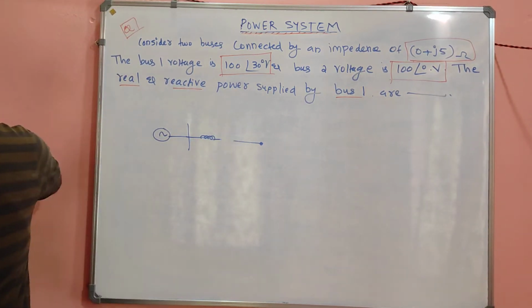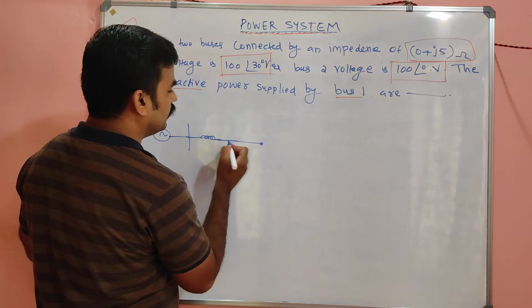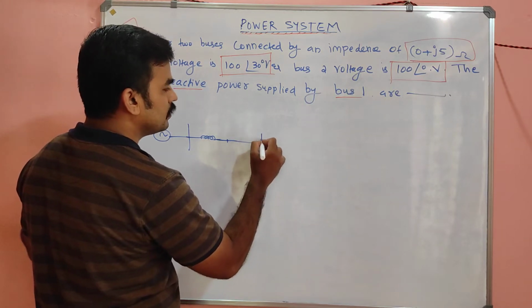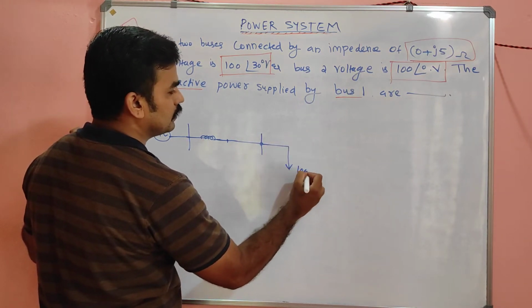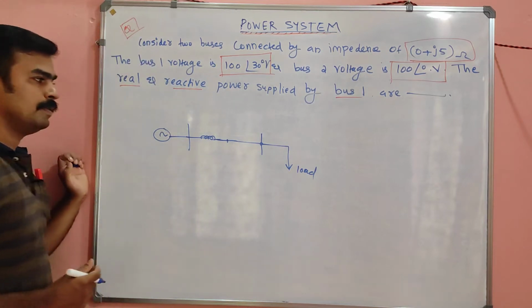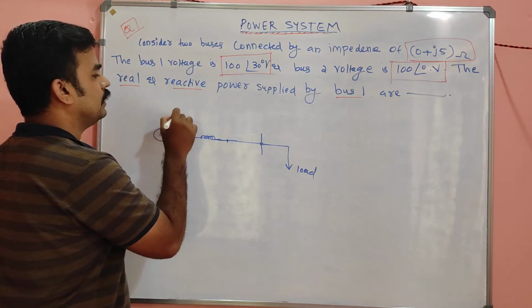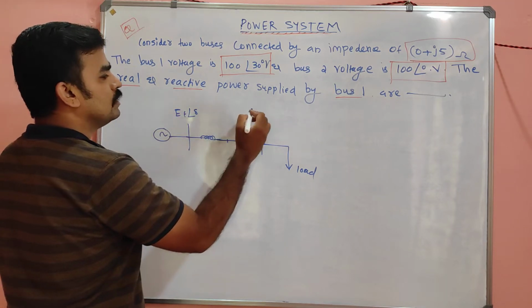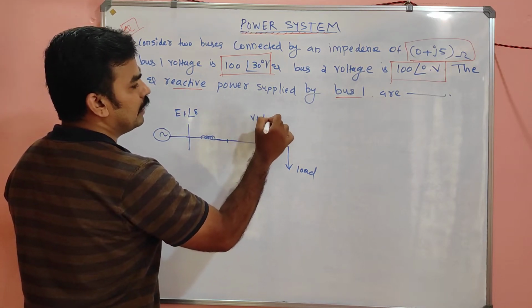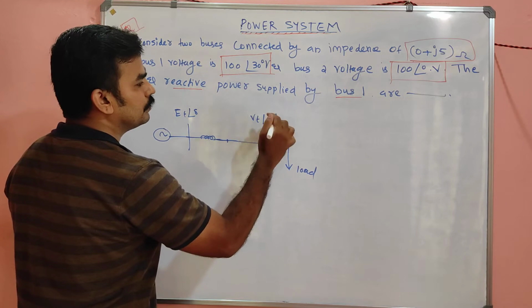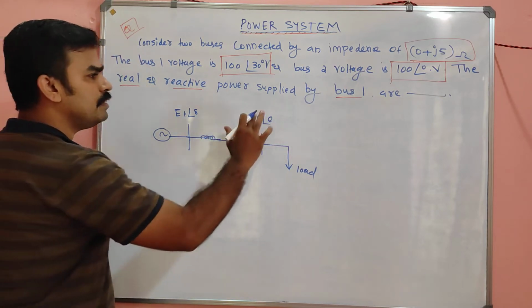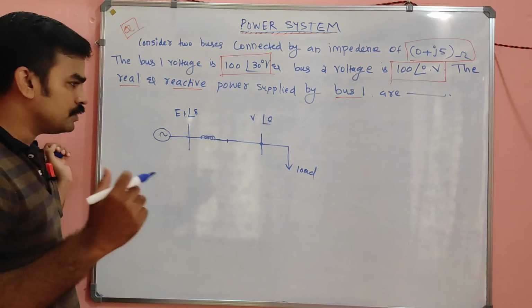So in this way directly you can write one bus and another bus. This is nothing but the load side. I will take it like E angle delta on the generator side, and VT angle 0, simply V angle 0 also you can take.